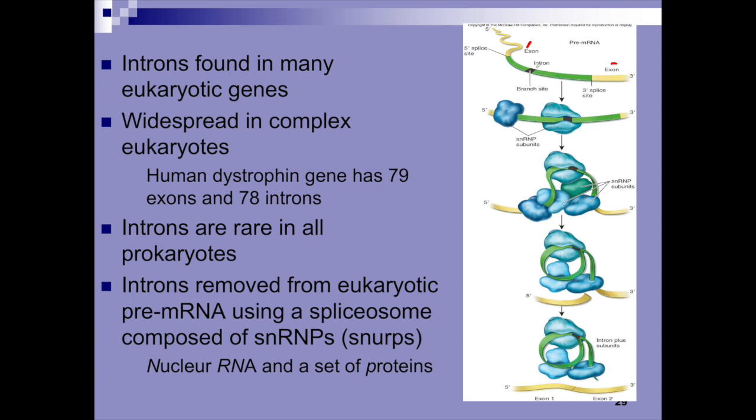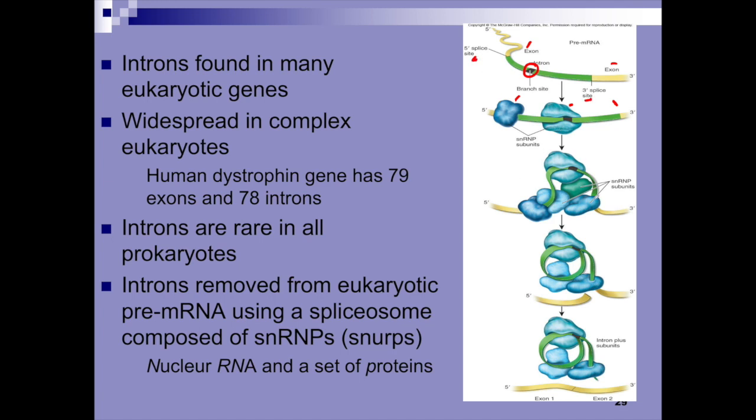And in the middle of the intron is a sequence known as a branch site. That branch site is going to be recognized by the first snRNP, and that's what this large blue protein is here. And this large snRNP will recognize that branch site and start recruiting other snRNP proteins that recognize the 3' and 5' splice sites.